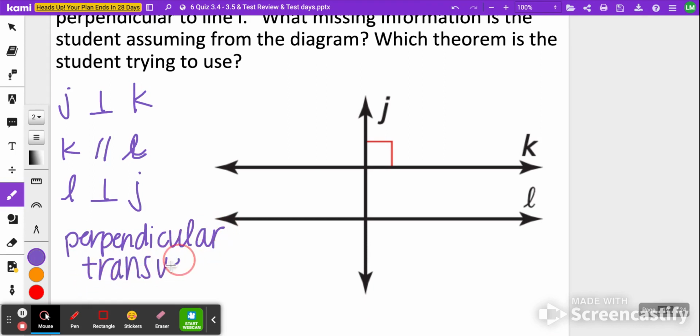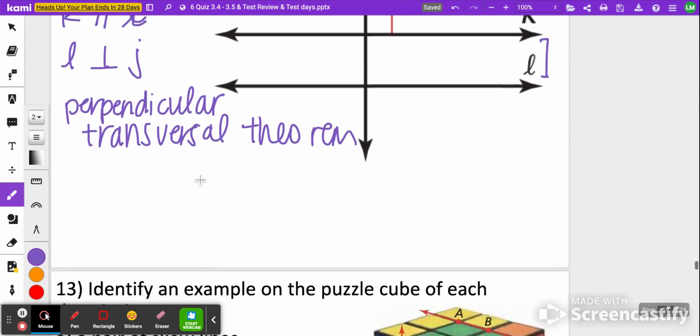And that just means that both lines K and L need to be parallel before you assume that L is also perpendicular to J.